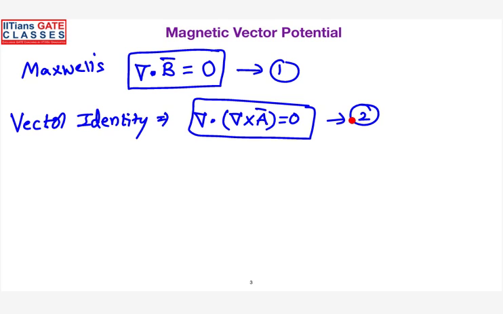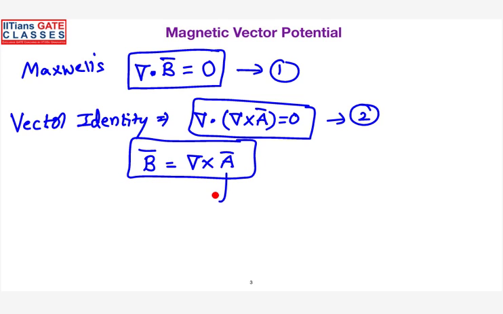So if you look at the Maxwell equation and vector identity, you will come to know that the magnetic flux density can be written as the curl of a particular vector A, where this A is called the magnetic vector potential. So here A is a vector, and the magnetic vector potential represents the magnetic flux density.